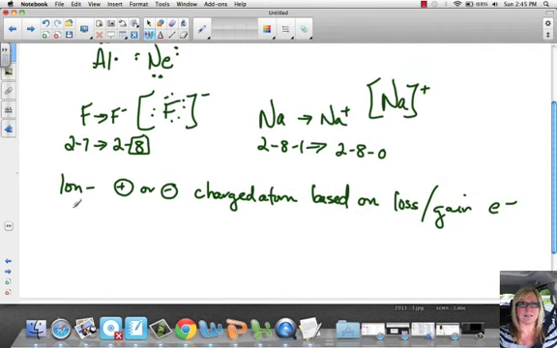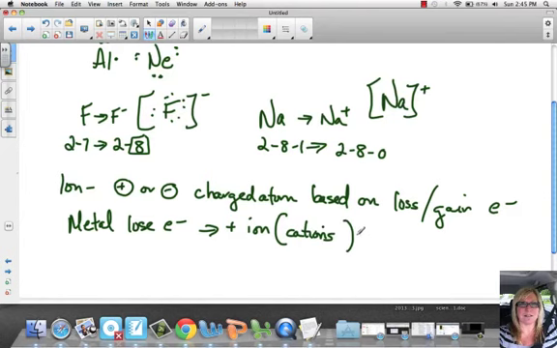So we're going to learn this a little bit later on, but metals tend to lose electrons and form positive ions, which are called cations.